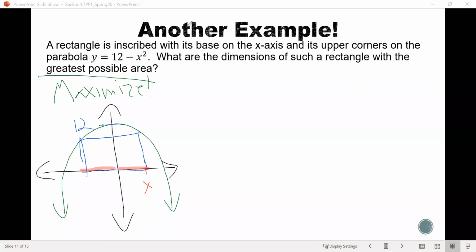And so that tells us that this length here on each side will be whatever that value for x is. Now we're trying to figure out the one that's going to maximize the area, so we don't really know what it is. So right now we'll call it x. And then we want to figure out, based on that, what is the height of this rectangle? So this part here.